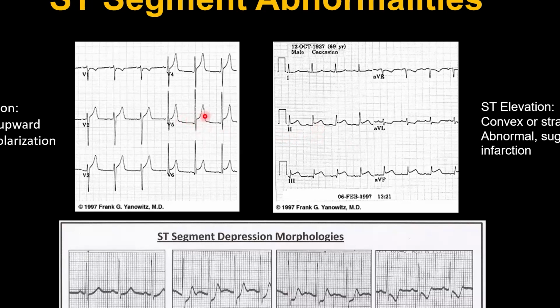Think of this as a smiley face and this is a frowny face. And this suggests infarction. And then for ST segment depression, it can be either upsloping or horizontal or downsloping.